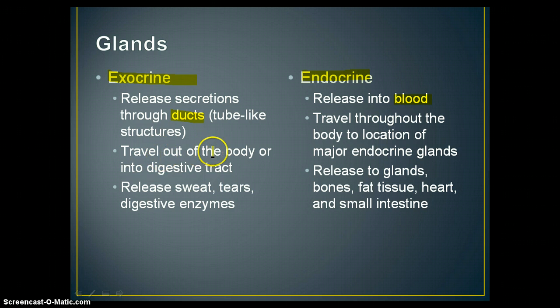Exocrine secretions travel out of the body or into the digestive tract, where endocrine secretions travel throughout the body to the location of major endocrine glands. Exocrine glands release sweat, tears, and digestive enzymes. And endocrine glands release to glands, bones, fat tissue, the heart, and the small intestine, for example.